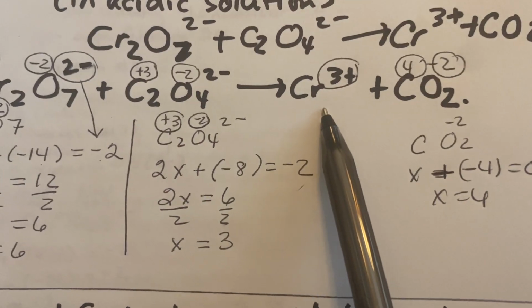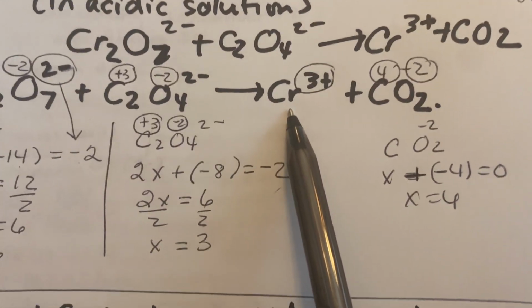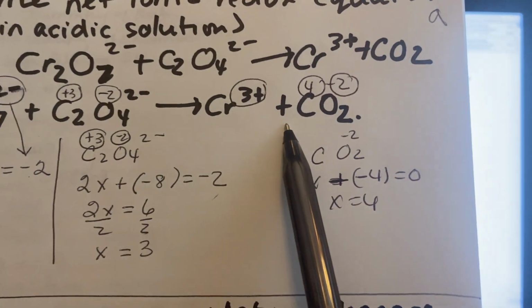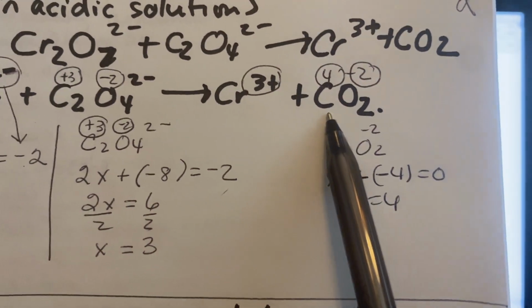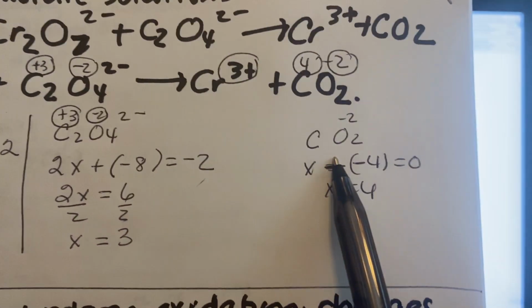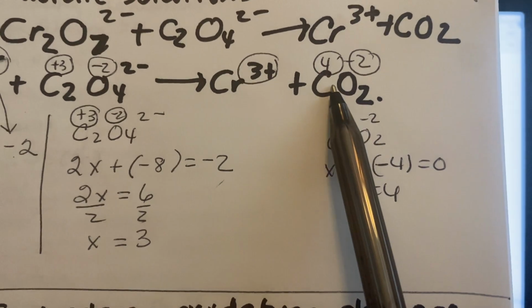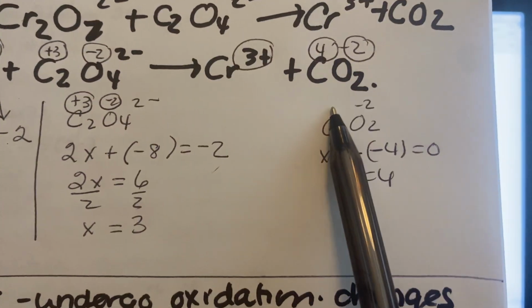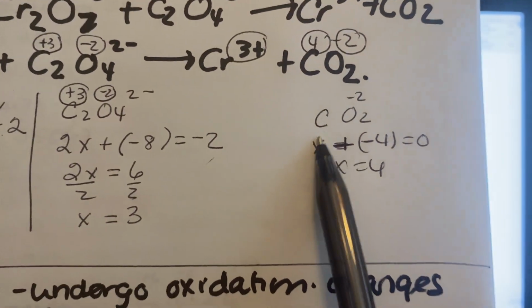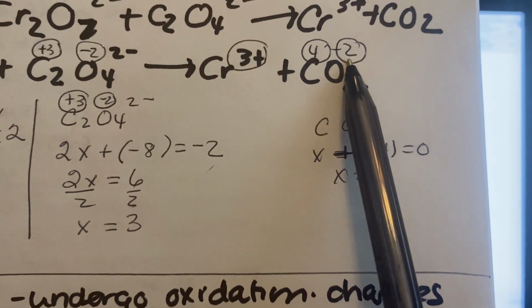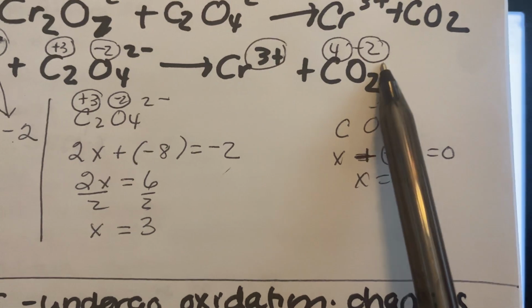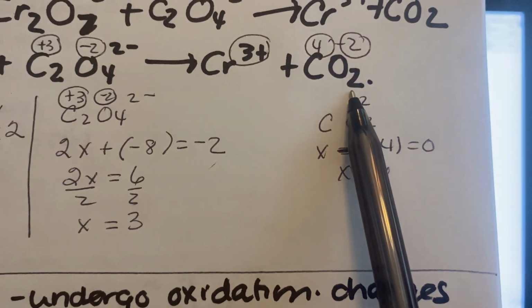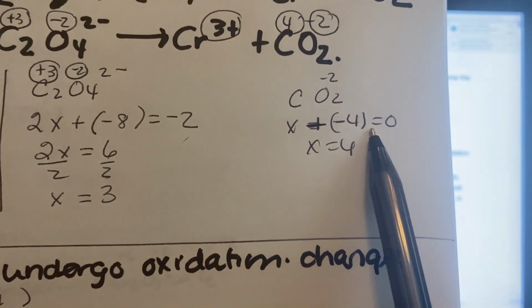Over here we know chromium is 3 plus, which is the valence charge it normally is. And then with the carbon dioxide, we know the same way. Carbon dioxide has to equal 0. We don't know what carbon is, but oxygen here will be negative 2, and you have 2, so those are negative 4.